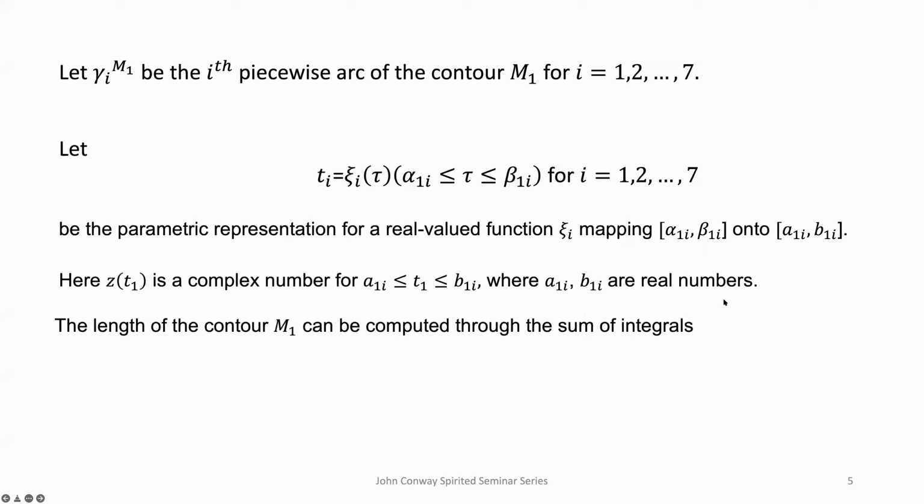Then the length of the contour M1 can be computed using the sum of the 7 integrals, as it is made up of 7 piecewise arcs.